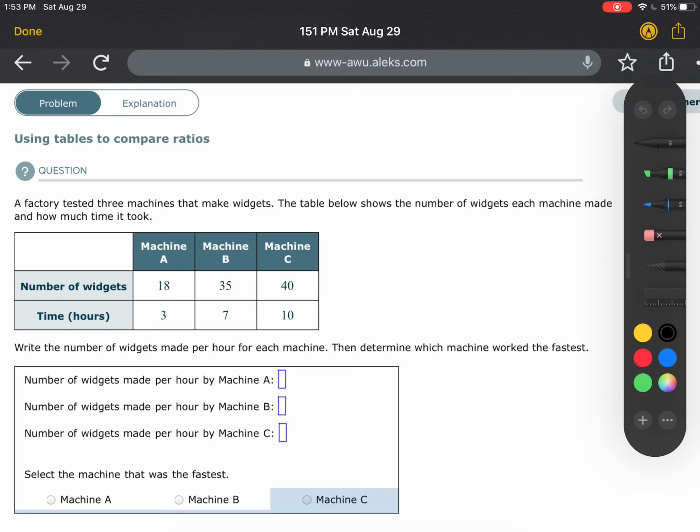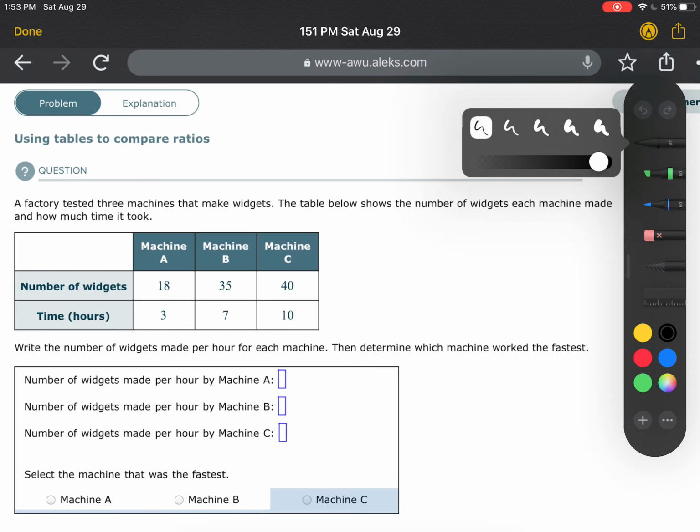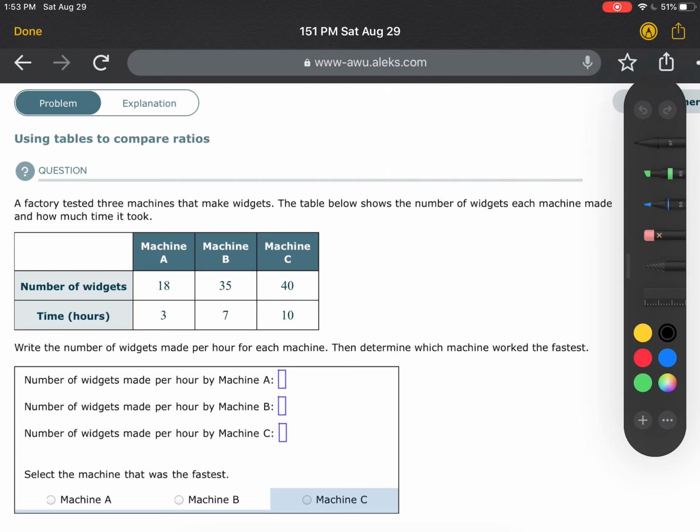So to do that, let's start with the first part of that question where it says how many widgets did each machine make per hour? So you're going to start with machine A, and it says widgets made per hour. So we're going to say, okay, well, there were 18 widgets made in 3 hours.